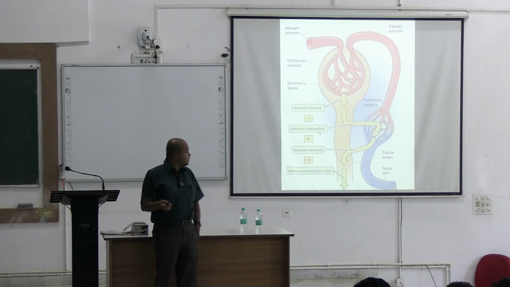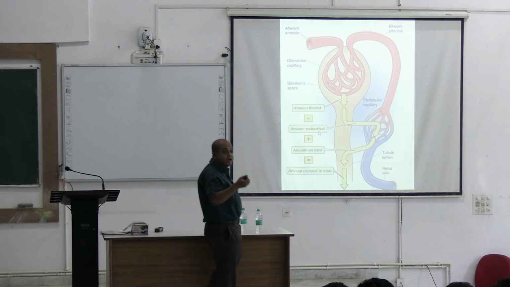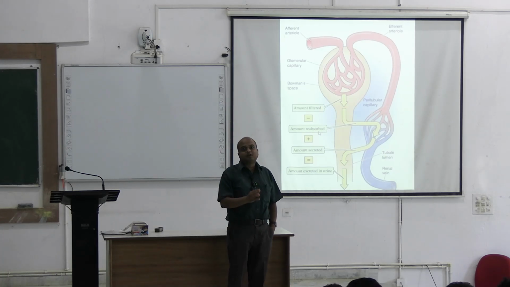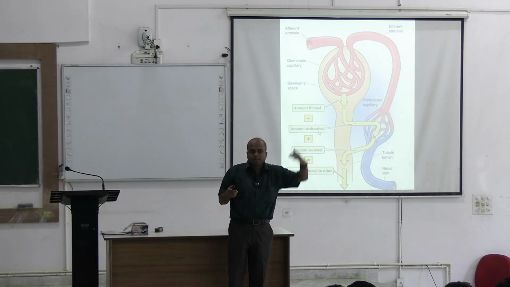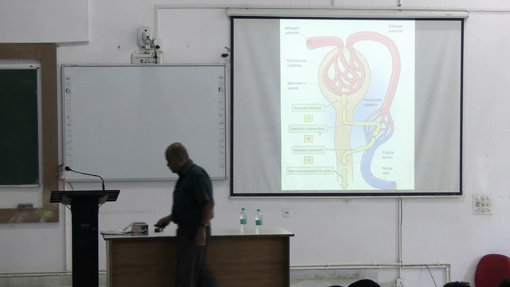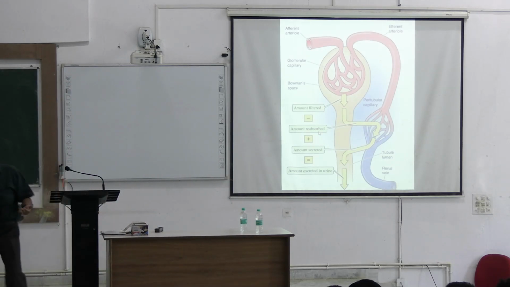So there reabsorption happens, and whatever is secreted from those peritubular capillaries into the tubules constitutes the amount secreted. So for any particular substance, amount filtered minus amount reabsorbed plus amount secreted is what is excreted.